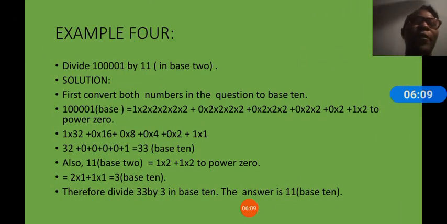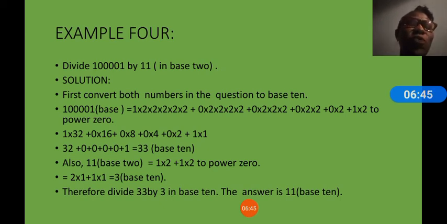Example 4. Divide 10001 by 11 in base 2. Solution: before you can solve this problem, you must convert the numbers given in the question to base 10. And if you do so, you have the first number expanded as 1 times 2 raised to power 5 plus 0 times 2 raised to power 4 plus 0 times 2 raised to power 3 plus 0 times 2 raised to power 2 plus 0 times 2 raised to power 1 plus 0 times 2 raised to power 0.